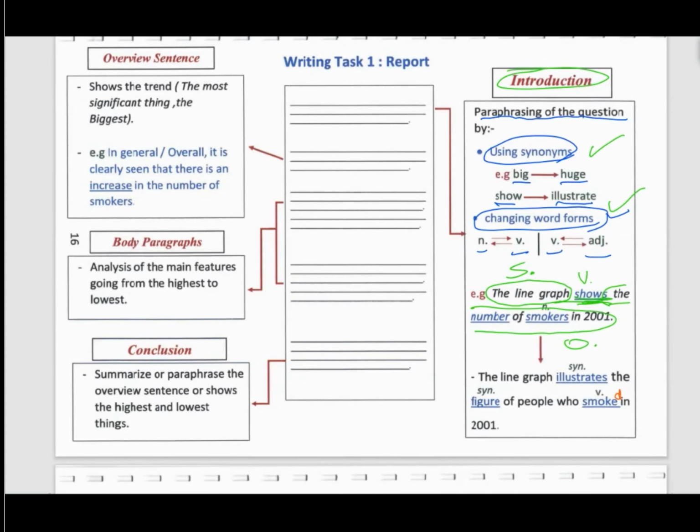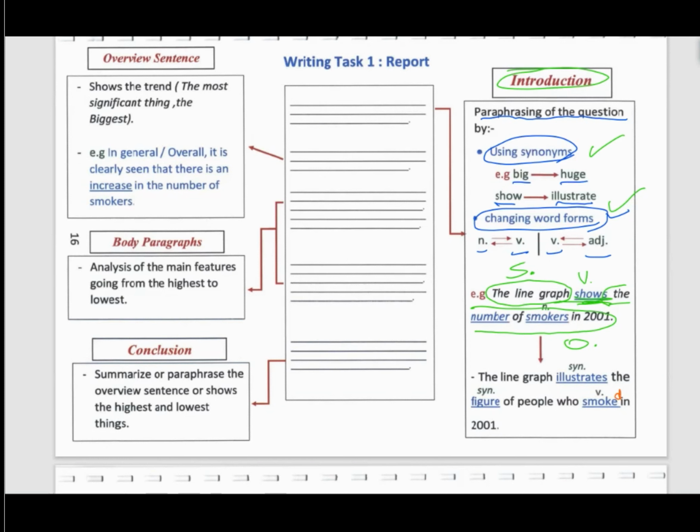It's not recommended, actually, and it's not the right way to put it. The details and numbers and examples will be in the body when you analyze the data. What you write in the introduction, as I say, is just paraphrase the question, and you put the year if there is a year.